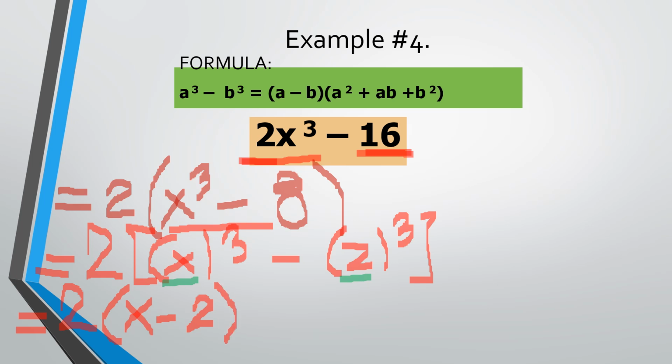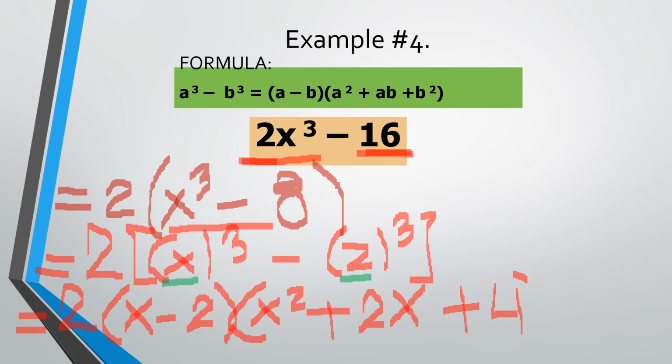And then, open parenthesis, a squared. x times x is x squared. Plus a times b. You have x times 2, the result is 2x. Plus b squared. 2 times 2 is 4. You close it. And this is now our final answer.